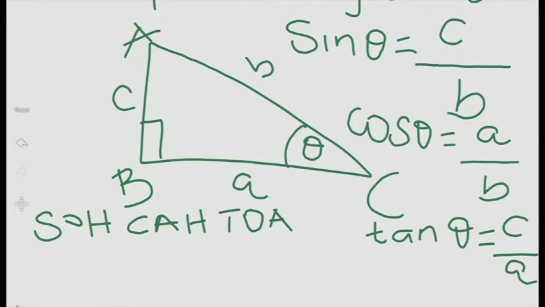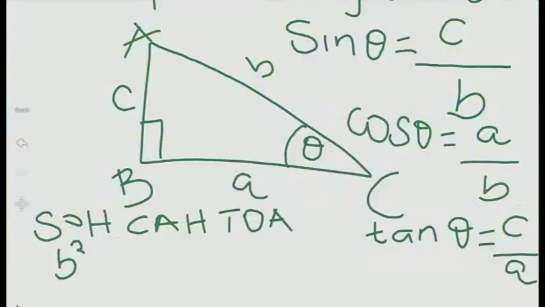The longest side of a triangle is always opposite the biggest angle. In a right-angled triangle, the biggest angle is 90 because the sum of interior angles of a triangle is 180 degrees. So if one angle is 90, that's already half of the sum. That means the other two angles have a sum of 90, which means they are complementary.